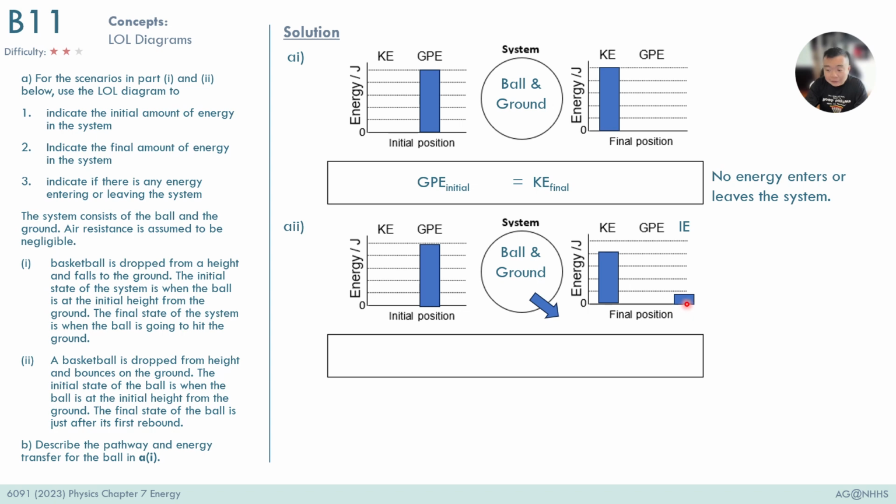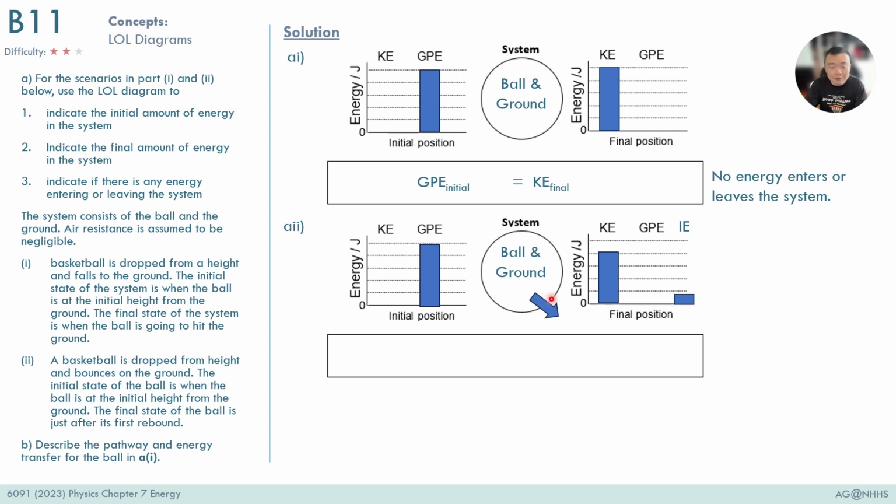However, there is also a small bit of internal energy as heat, because during the rebound, the compressing and expanding of the basketball generates heat because of friction. So we represent this using a small bit of internal energy. Now there's also some sound energy.